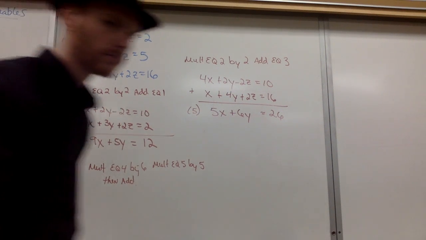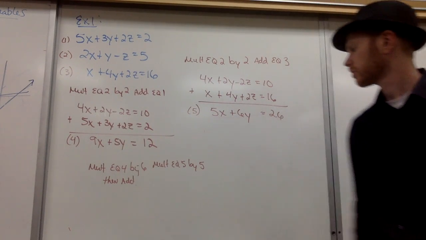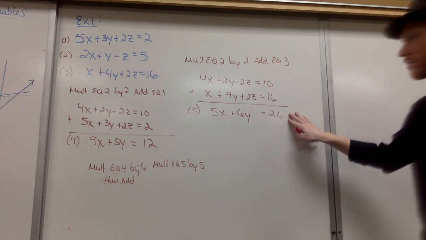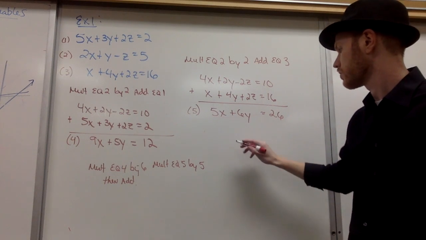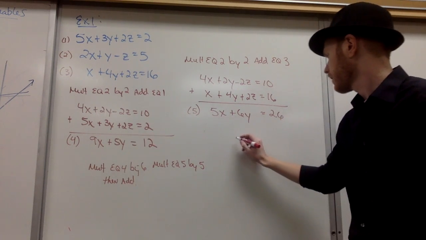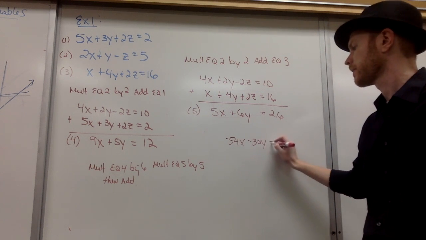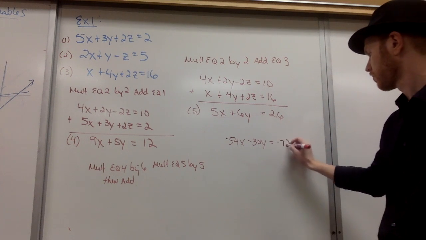So now over here, I'm going to write that work. That's going to be some higher numbers, but that's okay. We'll still work with it. Not all the time will you have to multiply both equations here. So for this guy, that's going to be a negative 54x minus 30y equals, that'll be a negative 72.